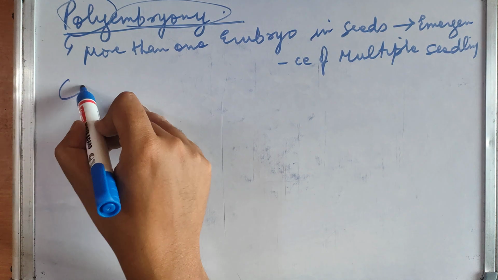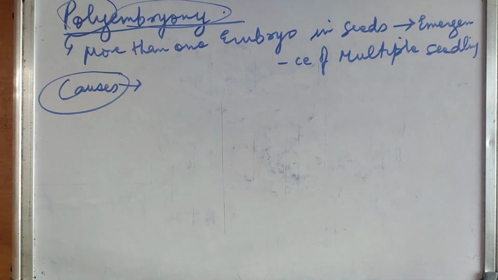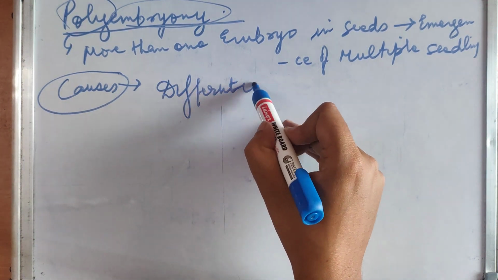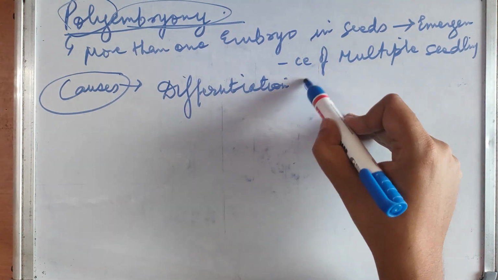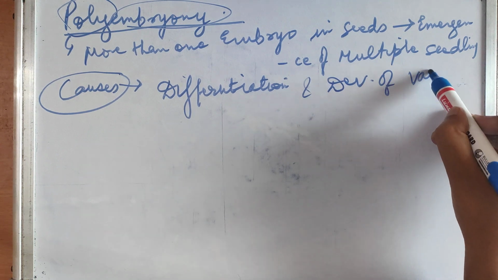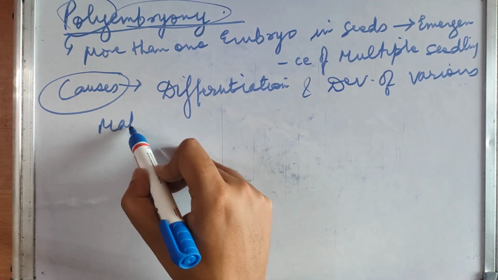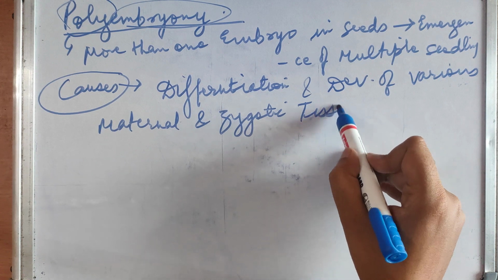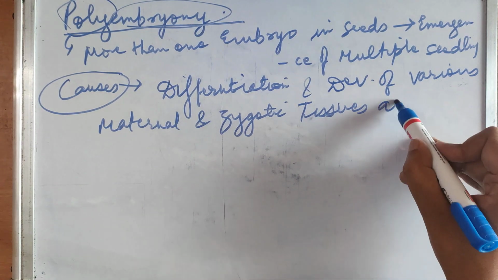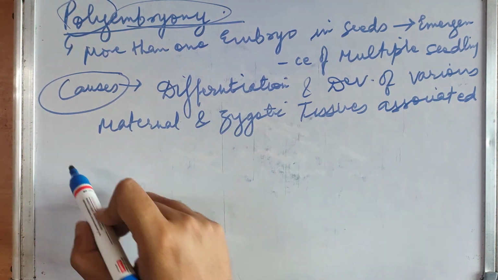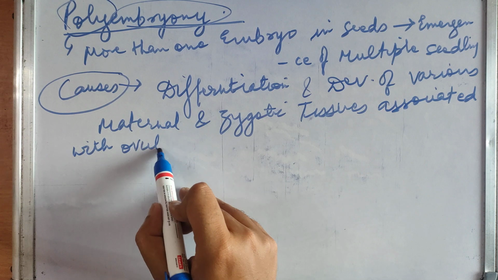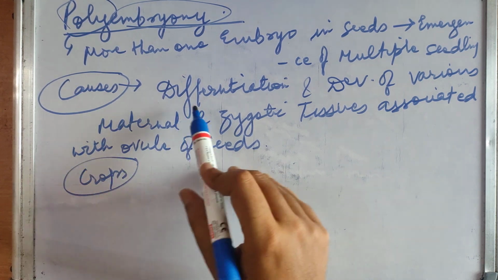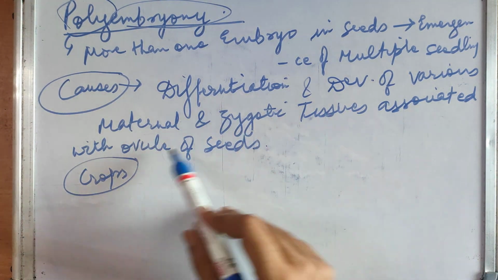Now, what are the causes of polyembryony? The major cause is differentiation and development of various maternal and zygotic tissues associated with the ovule of the seed.